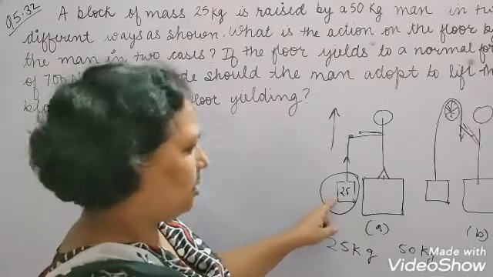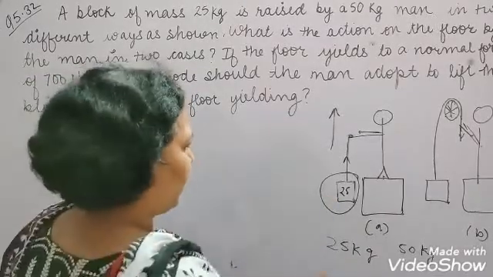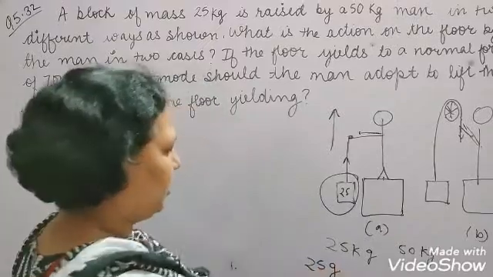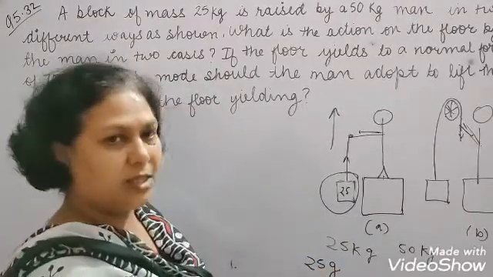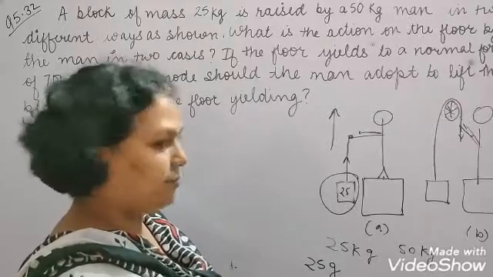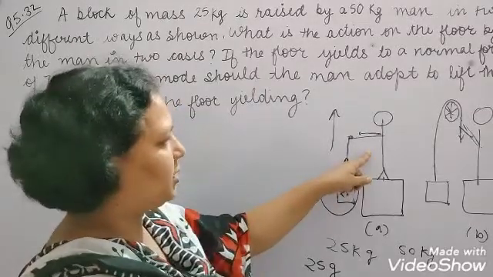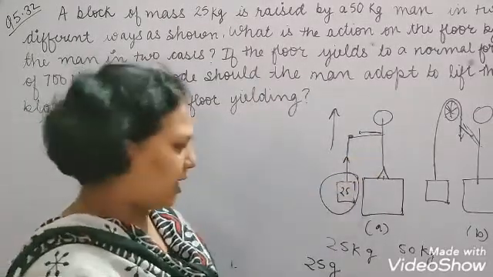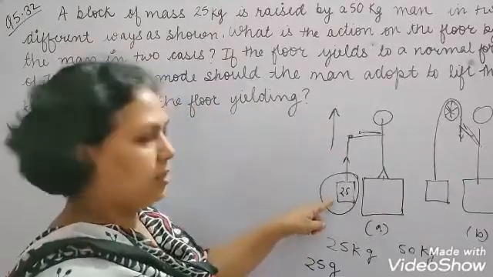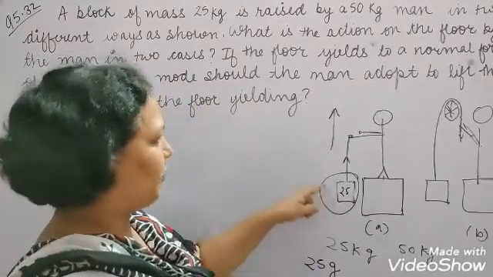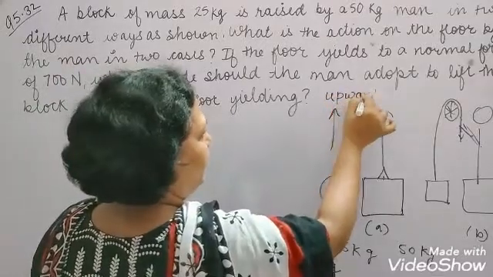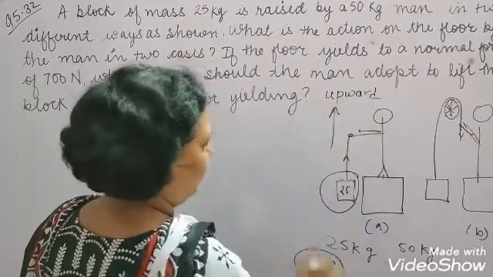So what force is working on the block? That is 25g, mass into acceleration due to gravity. So the man has to apply at least 25g force in the upward direction to lift the weight.